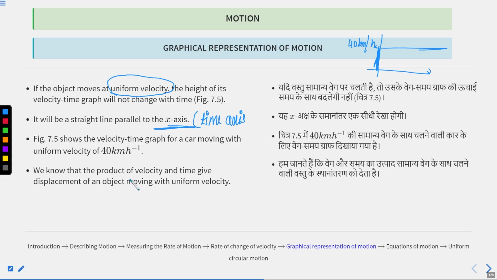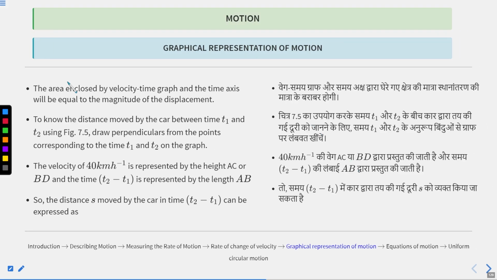We know that the product of velocity and time, what does it give? It gives displacement. So the area of a velocity time graph gives displacement. The area enclosed by the velocity time graph and the time axis will be equal to the magnitude of the displacement.